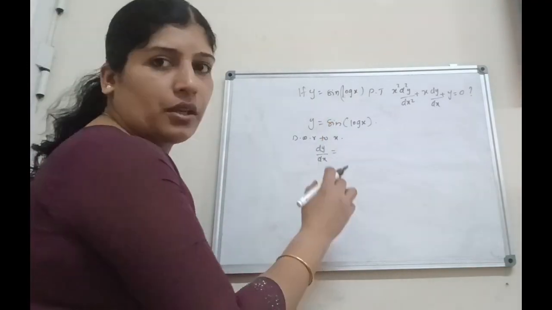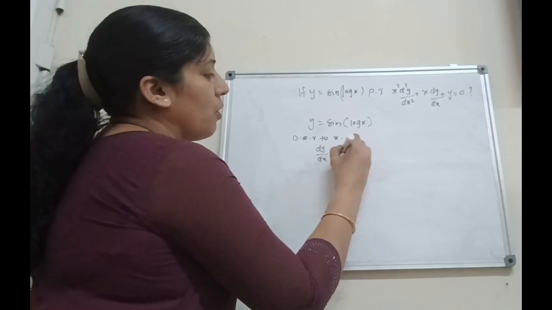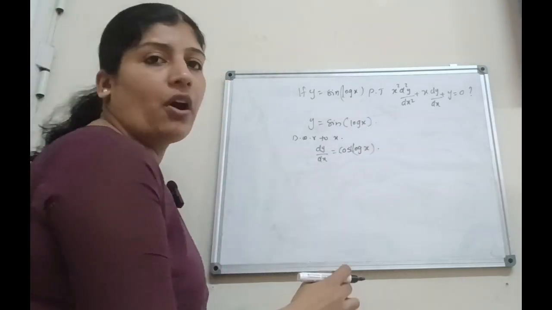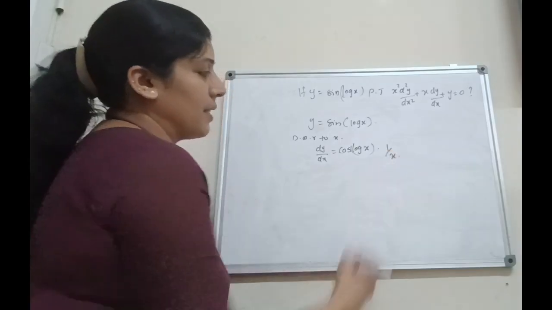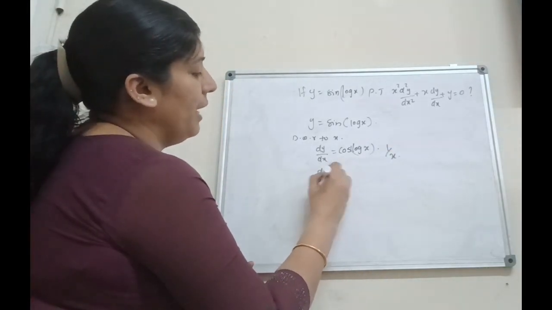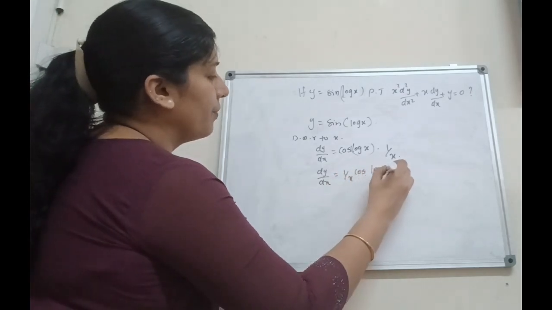Then d by dx of sine x is cos x. Therefore, d by dx of sine log x is cos log x into d by dx of log x, which is 1 by x. That is, dy by dx equal to 1 by x into cos log x.